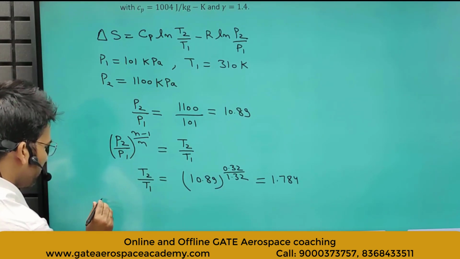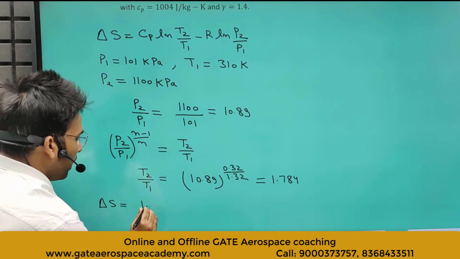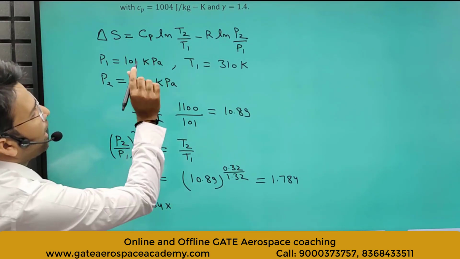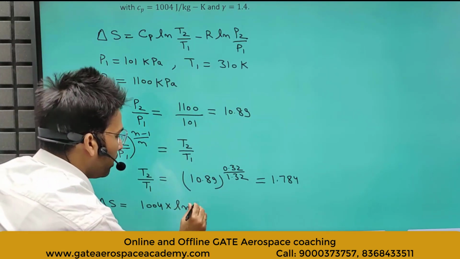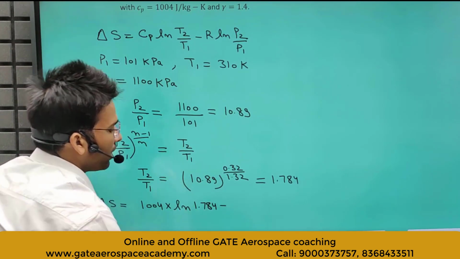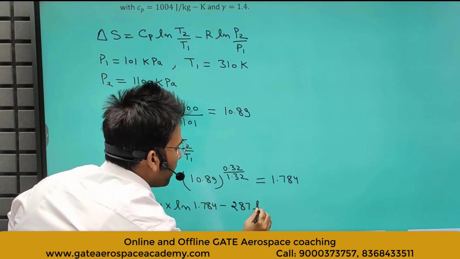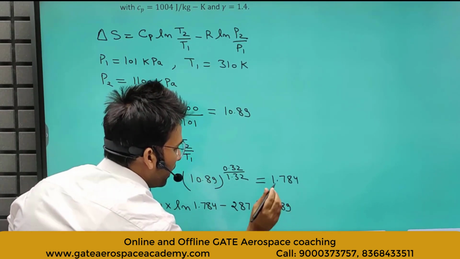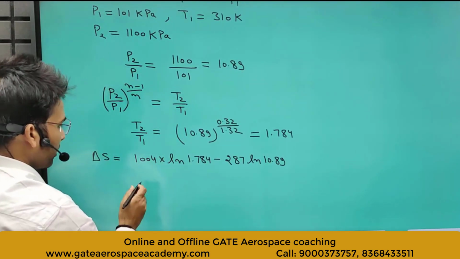Now we can substitute this ratio here. So delta S is equal to 1004 into Cp ln T2 by T1, ln 1.784, minus R, 287 ln 10.89, right?